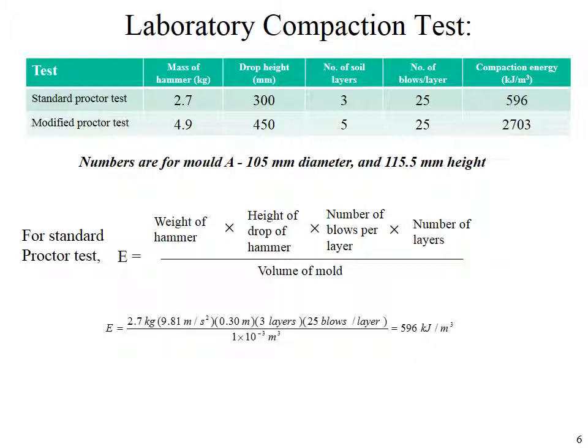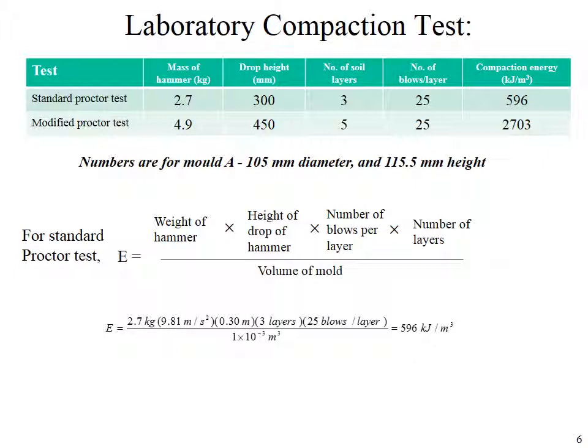We can calculate the compaction energy by using the following equation. For the standard Proctor test, compaction energy equals weight of hammer times drop height of hammer times number of blows per layer times number of layers divided by the volume of mold.